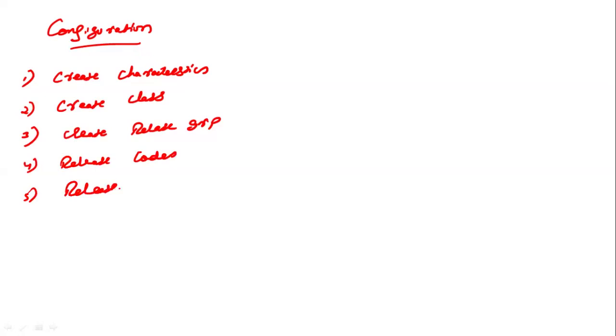Then you have the create class. Then you have create release group. I'll tell what all are this. Then you have release codes. Then you have release indicators. Then you have release strategy. Then you have the workflow.